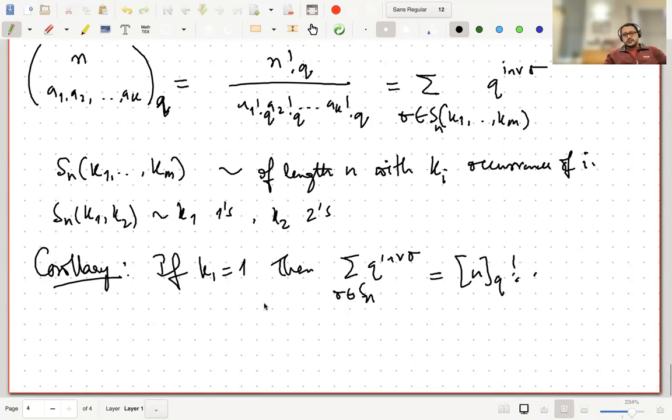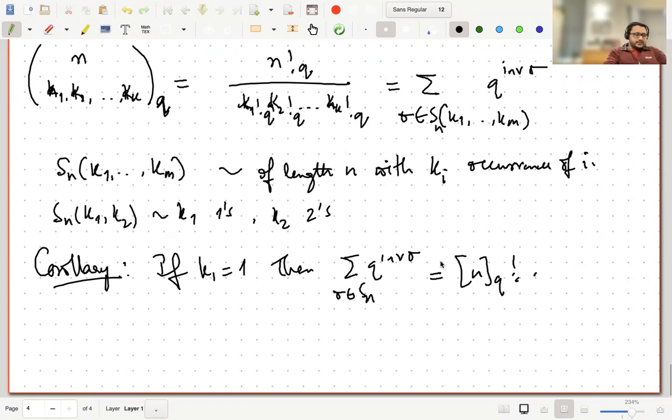This was the result of Rodriguez. It's also easy to see, because if everything is 1 here, so 1 factorial times 1 factorial and so on up to 1 factorial, oh sorry, this should be a k. Anyway, if you put all the k's equal to 1, then everything here disappears. So you are just left with n factorial q, which is what Rodriguez's formula is.